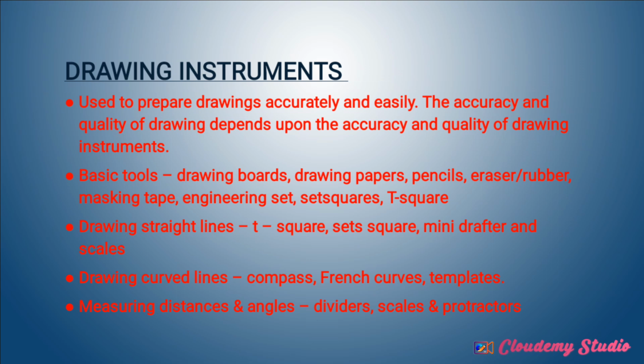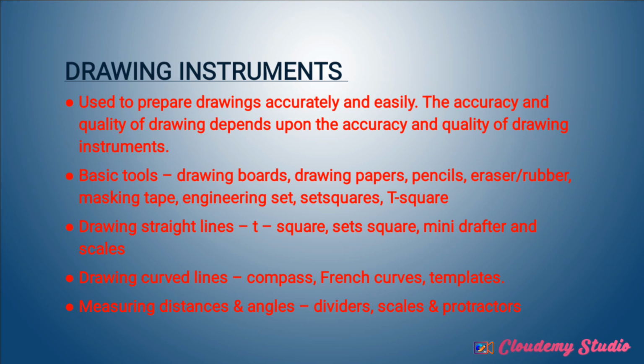So with that you saw how a French curve is also important when making such curved lines. Then you have measuring distances and angles. You can use a pair of dividers, scales, and a protractor.